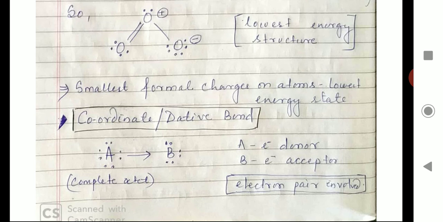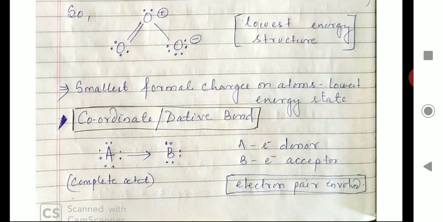One more question can come to your mind. In this ozone diagram, if oxygen 1 shares 2 electrons with oxygen 2, the octet is completed. So why is there a need for oxygen 3? How is it forming?